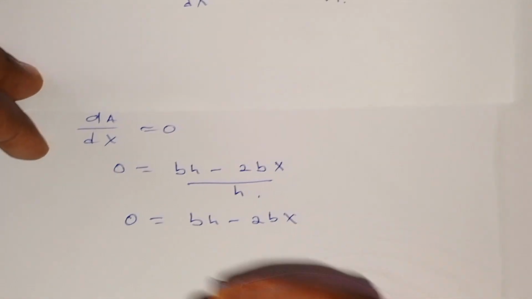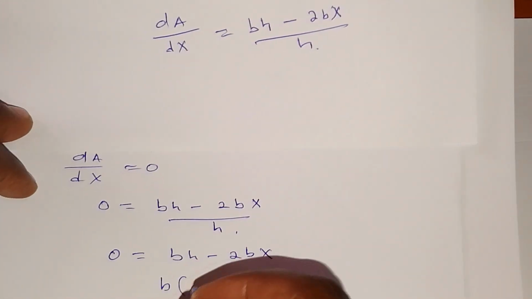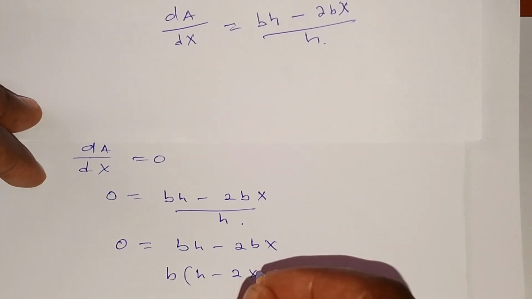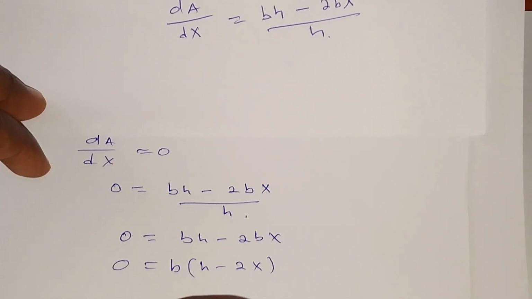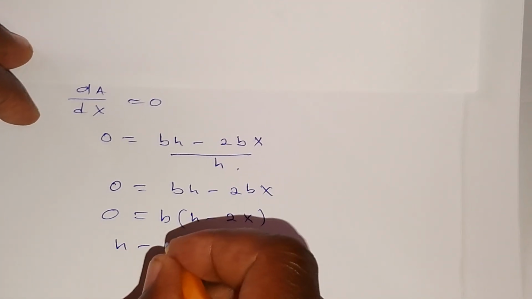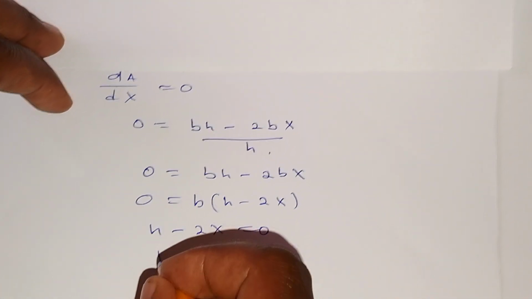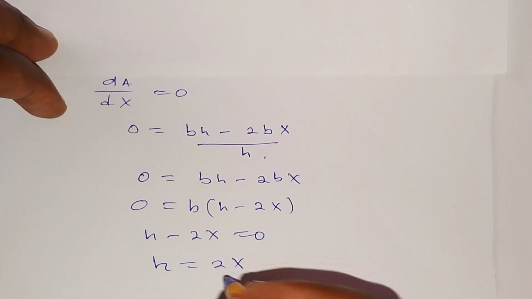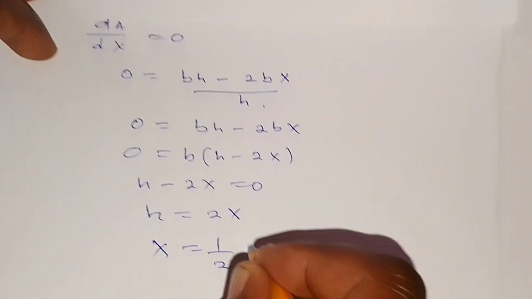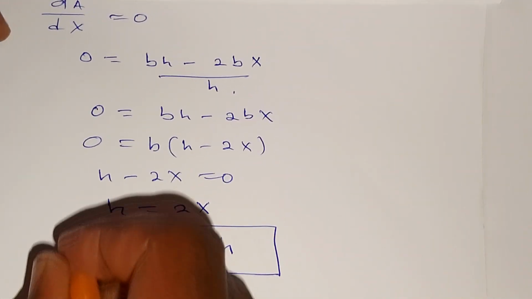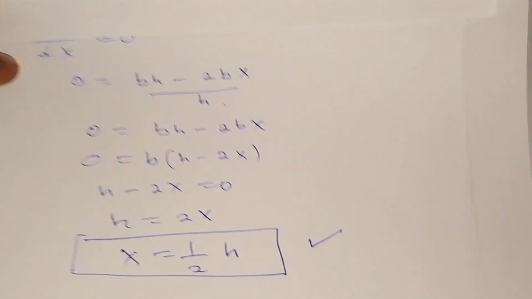Okay, b is common, so you can factor it out. You have h minus 2x equals 0. So h equals 2x, so x equals a half h. That is vital, so that one we need to take care of.